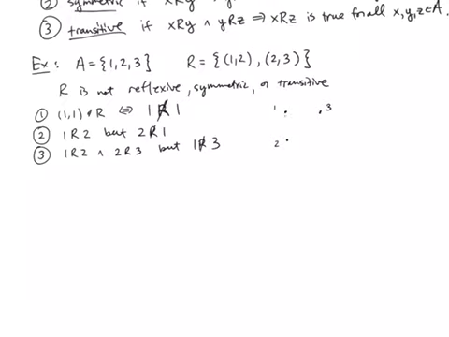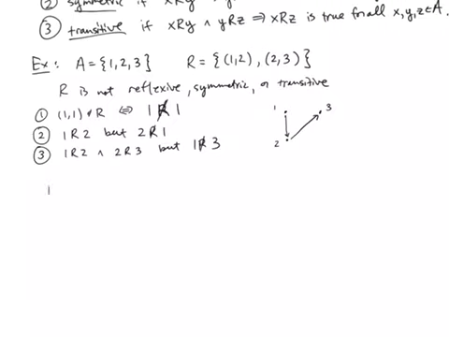So (1, 2) is in there, so we have that arrow, and (2, 3) is in there, so we have that arrow. And that's a complete picture of our relation in this case. We can actually see from this picture that our relation has none of the required properties.